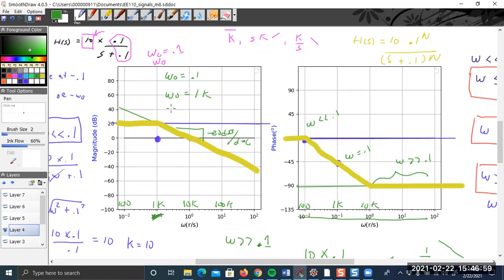What if omega naught was 2k? Oh, well, wait, how's that logarithmic go? All right, 1, 2. Well, if I was just drawing it by hand, I would just put 2k, 20k, 200k. I would just scale the axis, but it's the same shape. Okay.